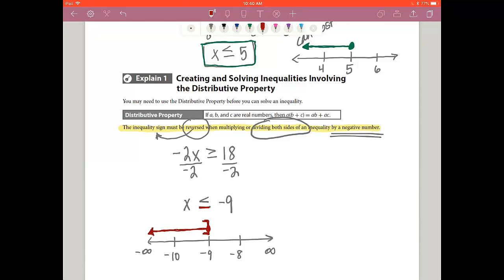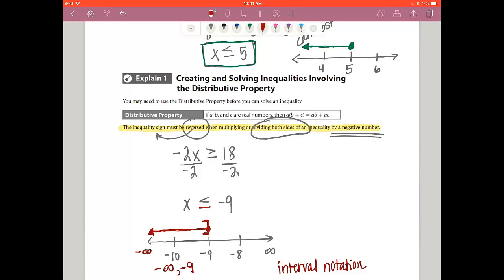And from this red graphical representation, we can write interval notation. So interval notation in Algebra 1 and higher is always written from left to right. On the left, we have negative infinity.